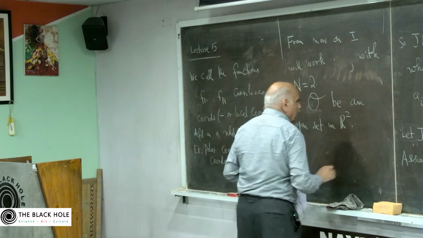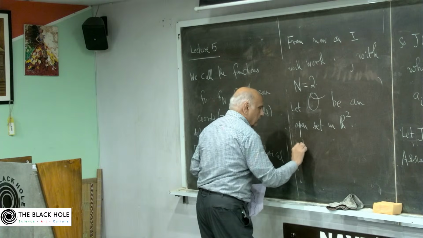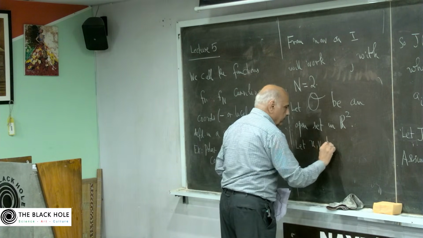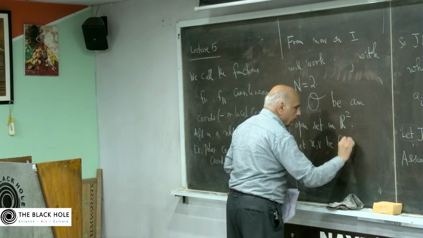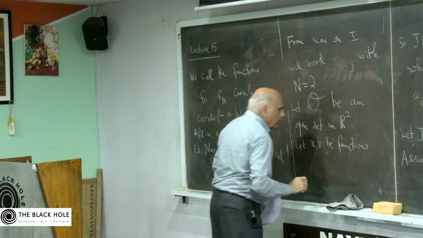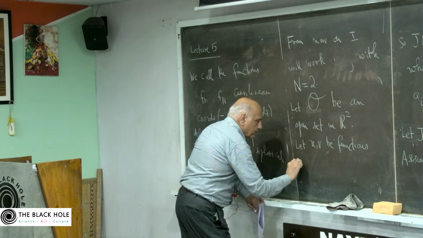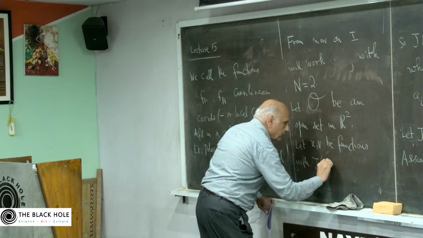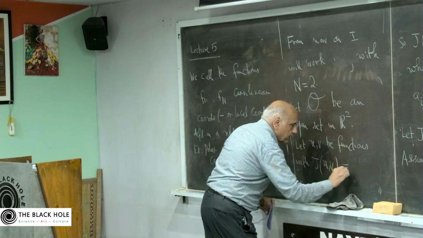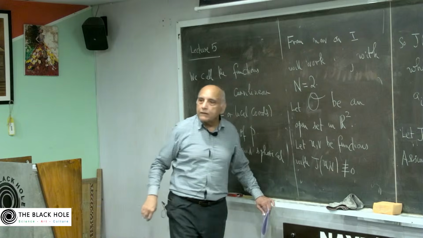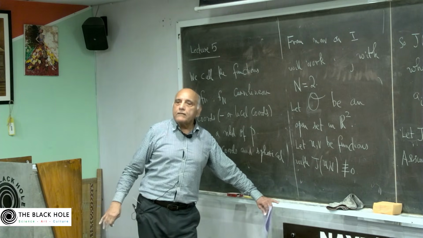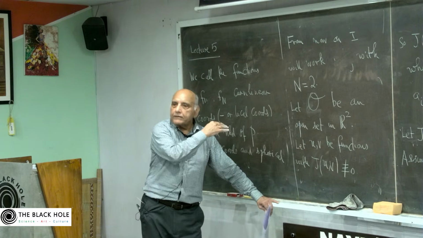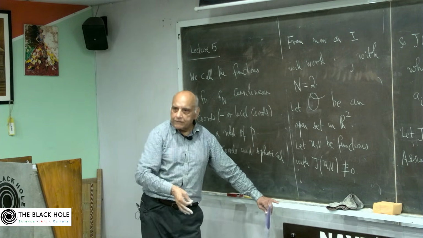And let u, v be functions with the Jacobian of (u,v) not identically equal to 0. I restrict my attention to, I shrink this open set so that the Jacobian is never 0.